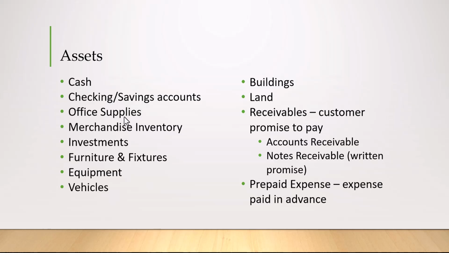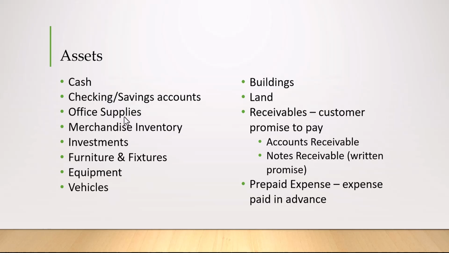Any investments of the business would be considered an asset, and there's a lot of different types of investments. Furniture and fixtures. Fixtures would be things that are affixed to a property. Maybe you install some shelves or some new light fixtures or something more specific to the industry.